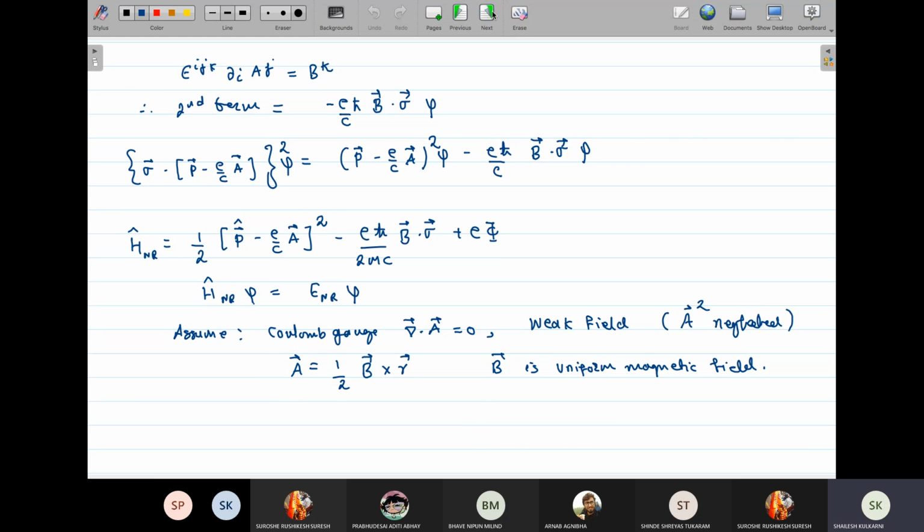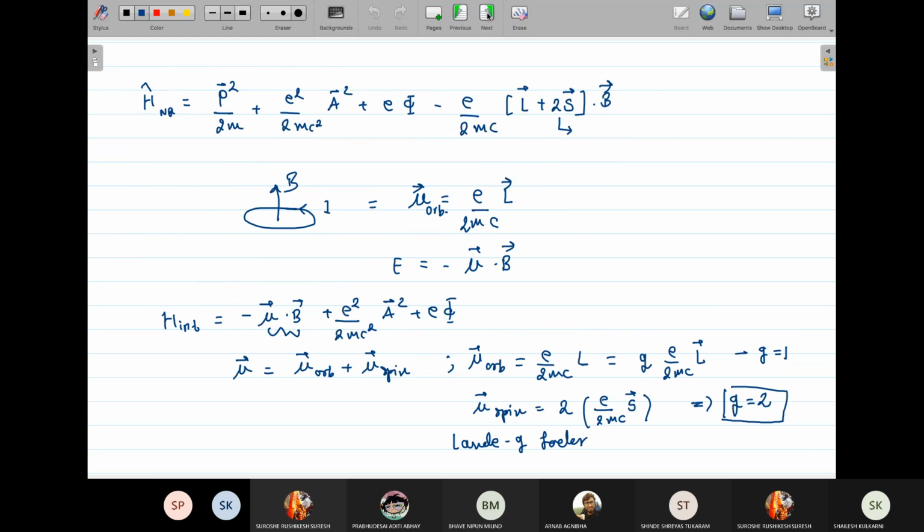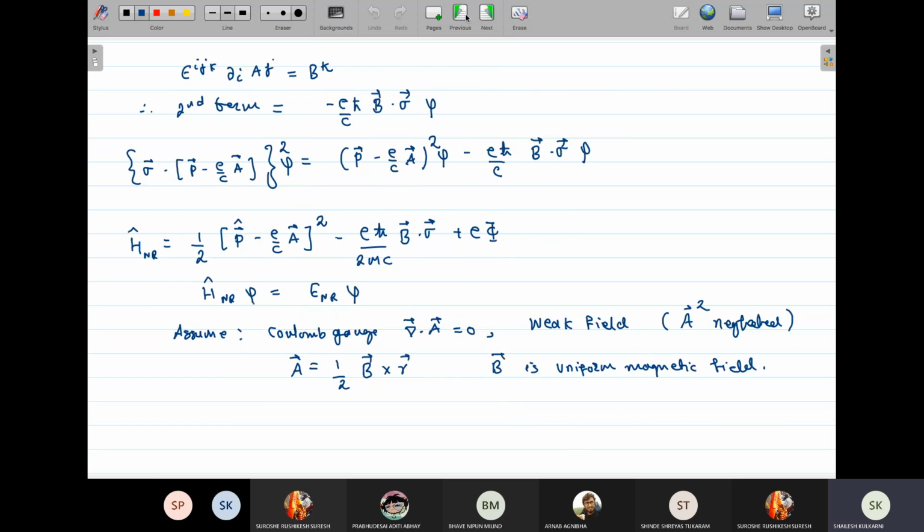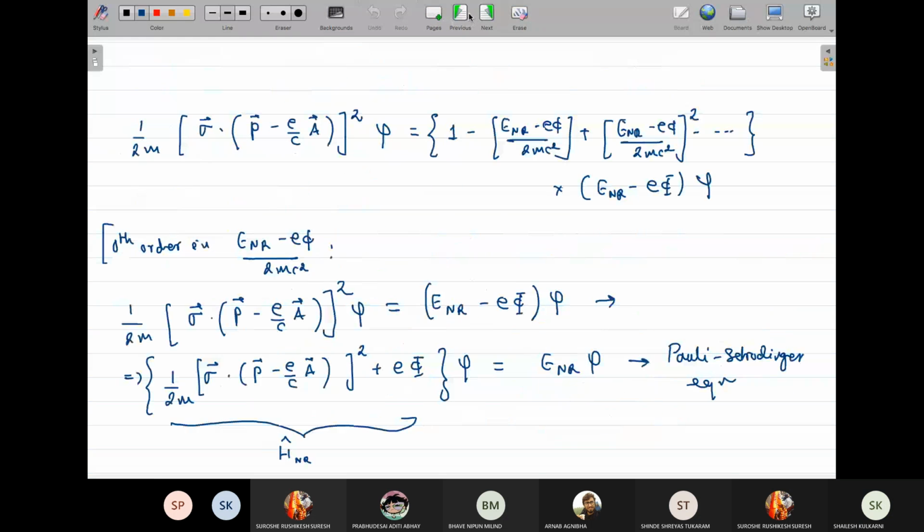In that case, the first order, second order, third order terms will give us different terms. At the first order, you will have a relativistic correction.